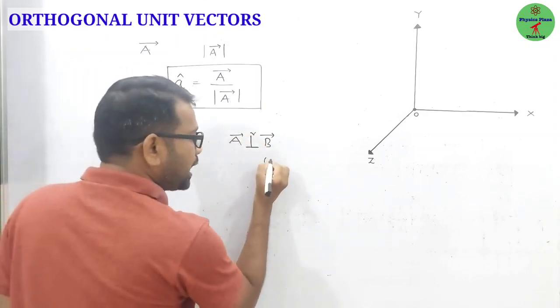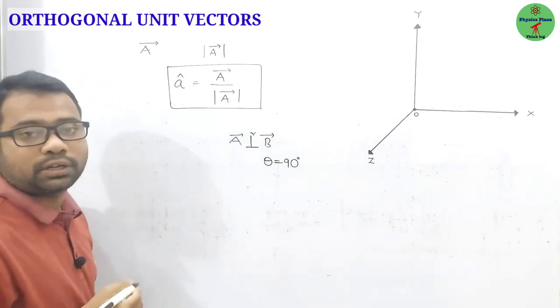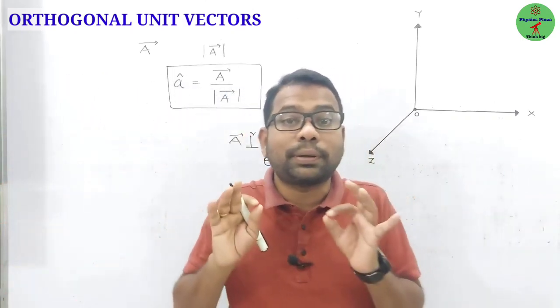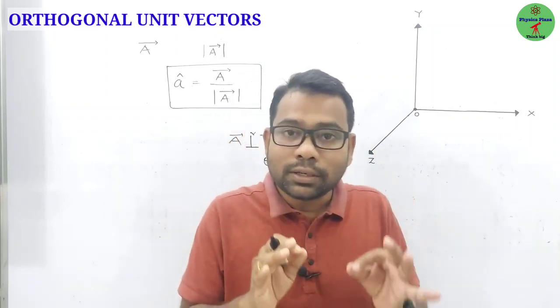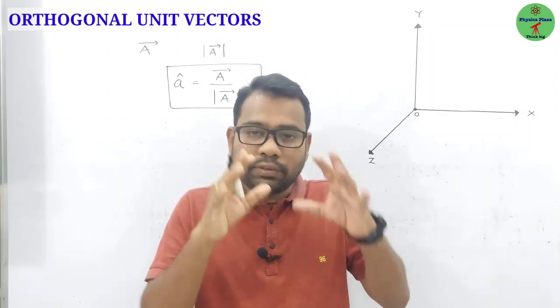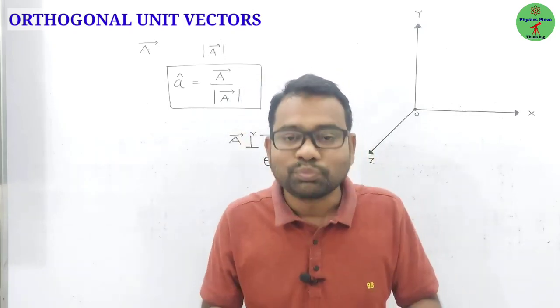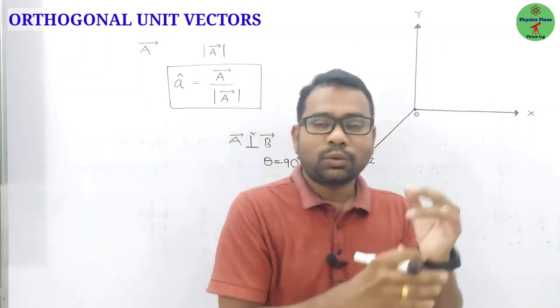It means the angle between the two vectors must be 90 degrees. It is very important. So the vectors which are mutually perpendicular to each other are called orthogonal vectors; if the angle between the two vectors is 90 degrees, then the two vectors are called orthogonal vectors.